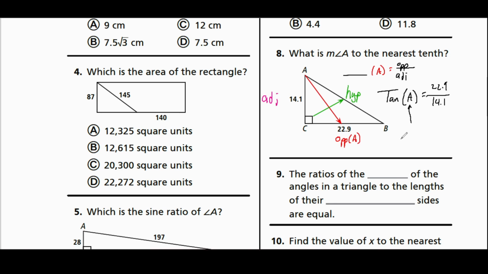How do I solve for just A? By taking the inverse of my trig function. So now all I have to do is punch this expression into the calculator, and then press second tan, and I'll get the measure of angle A. And of course, these directions I'm giving verbally are for the TI-30XA.